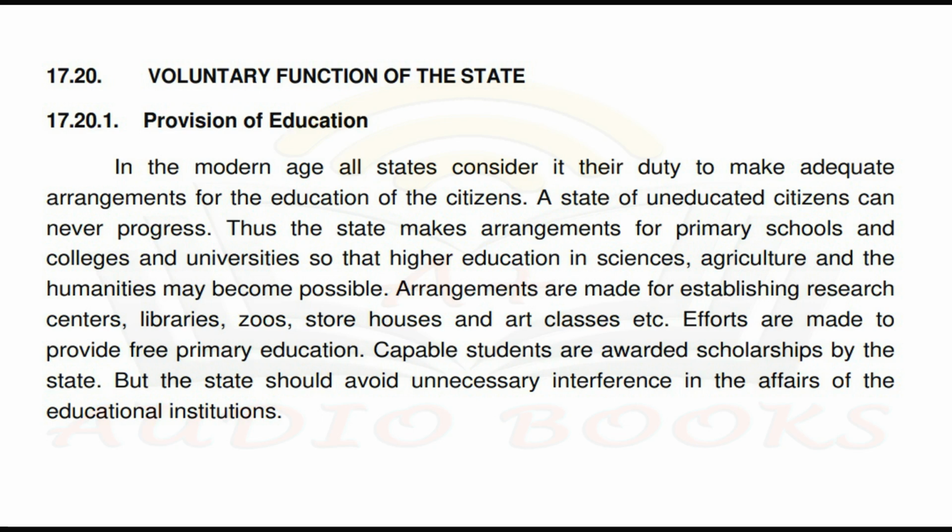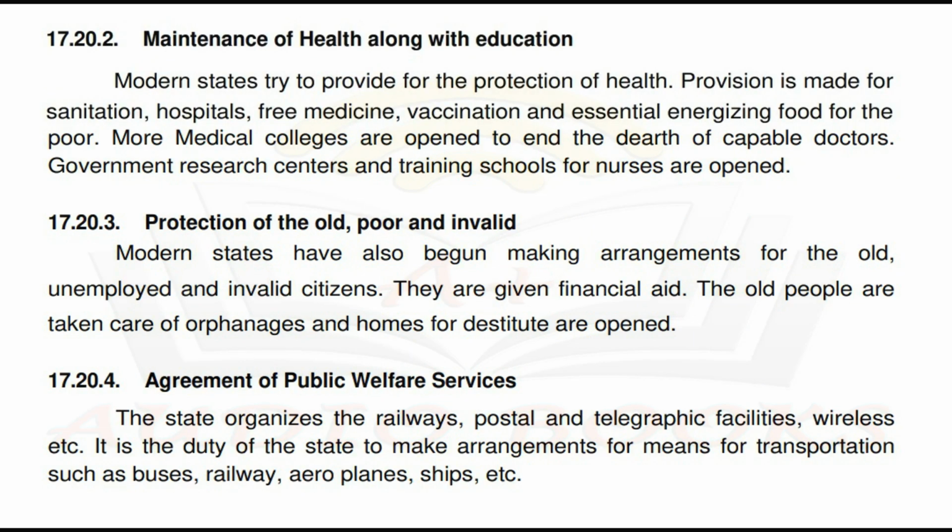Efforts are made to provide free primary education. Capable students are awarded scholarships by the state. But the state should avoid unnecessary interference in the affairs of the educational institutions. Maintenance of health along with education. Modern states try to provide for the protection of health.